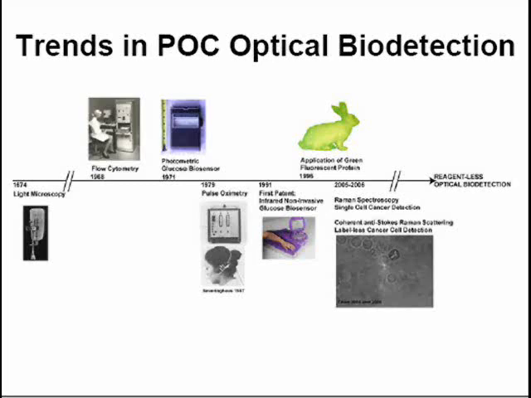And this is in a label-less method, so you can discern by interrogating a cell with a laser and looking at specific vibrations in the bonds within the molecules from these cells. You're able to discern a difference between a normal cell versus a cancer cell. This is actually published by one of our partners at the NSF-funded Center for Biophotonics Science and Technology, or CBST, up in Sacramento. And this is one of the great examples that are hopefully driving the area of optical biodetection towards reagentless and non-destructive assessment.